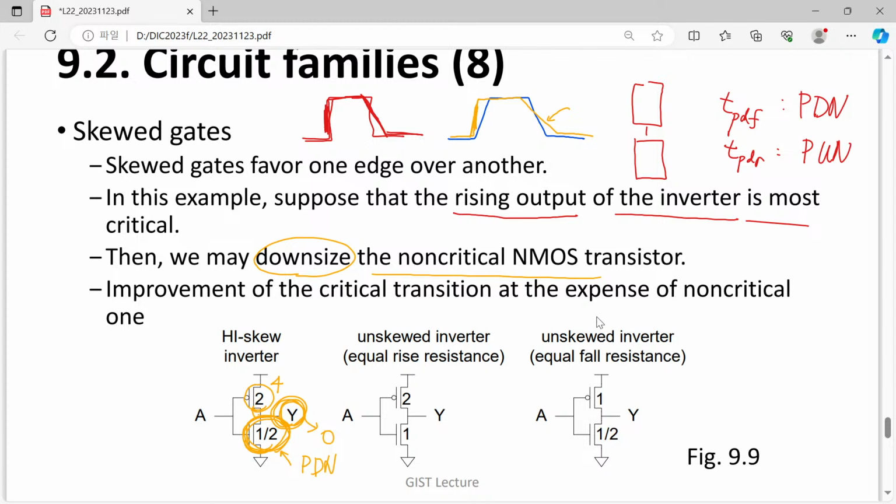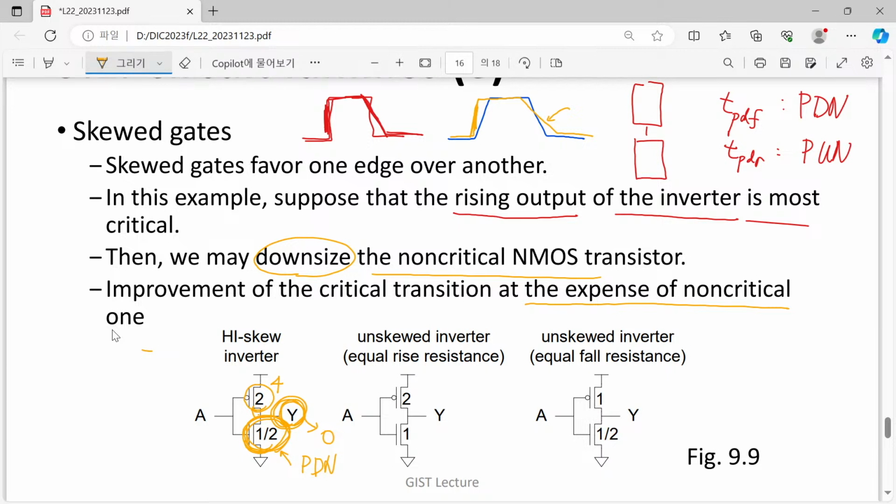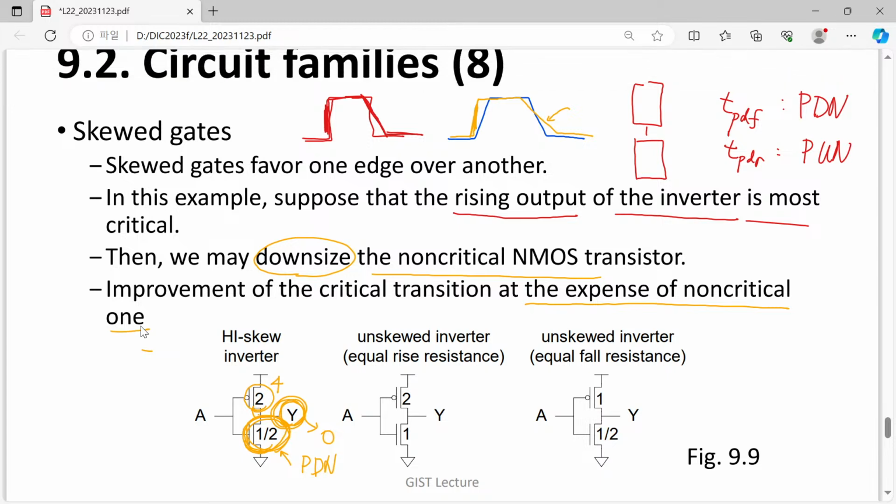So it is also at the expense of a non-critical transition. So always there is one pro and there is one con.